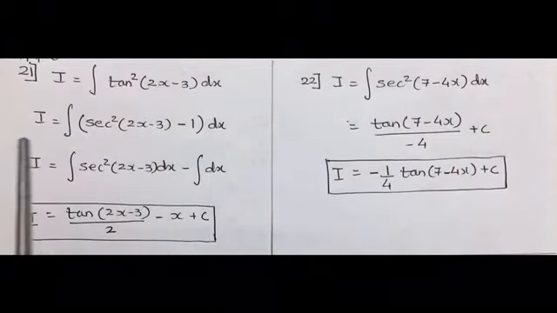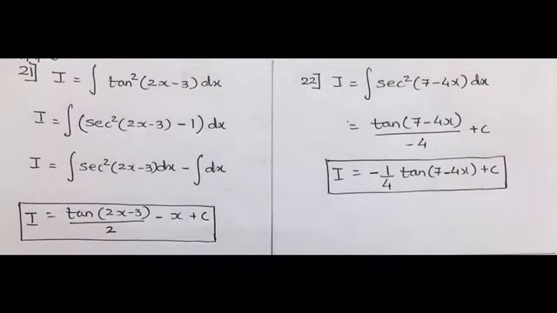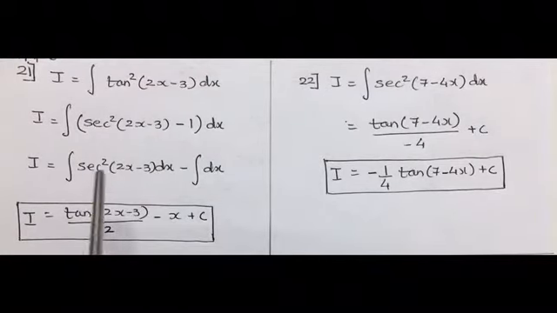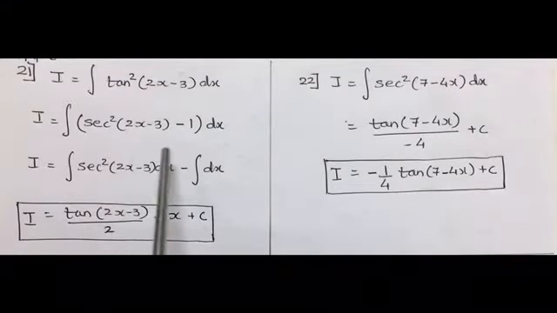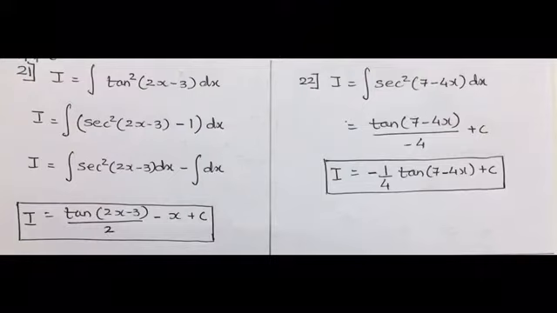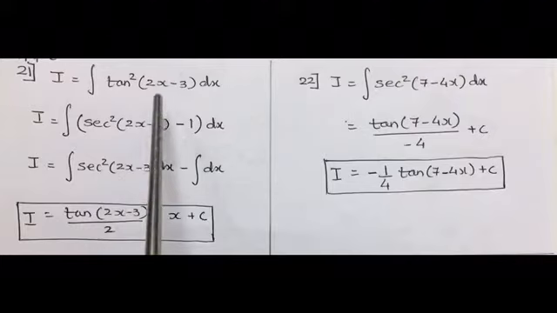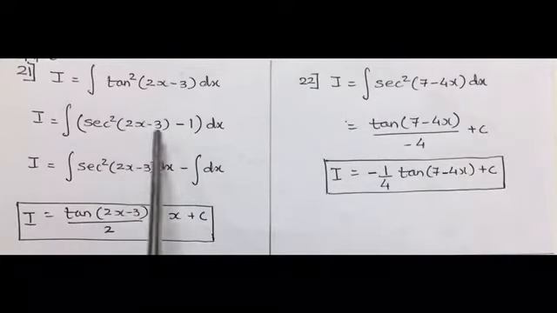Now, we don't have the integration of tan square x. So tan square is converted in terms of sec square minus 1, writing x as 2x minus 3.